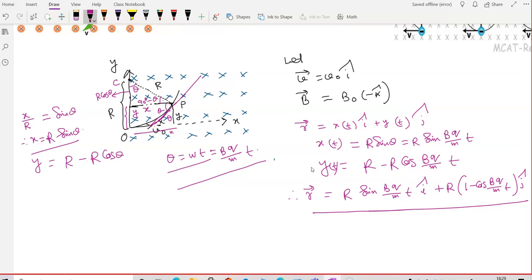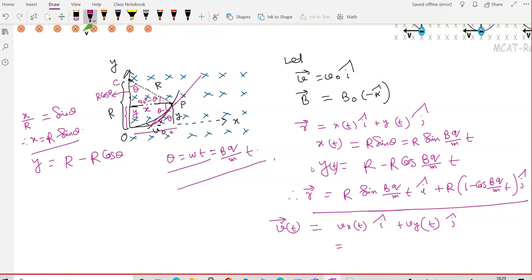Can you write an expression for velocity? The velocity is going to be equal to Vx(t) i cap plus Vy(t) j cap.